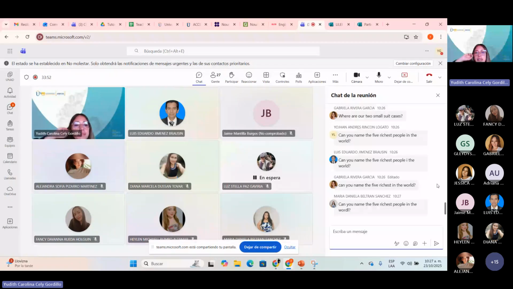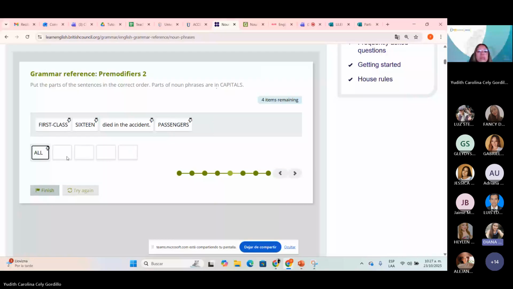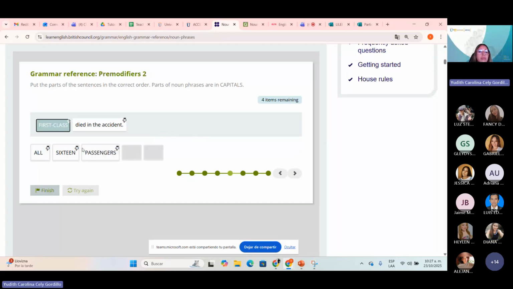What do you think? What is the order in those different words? First class, 16, died in the accident, all passengers. What about the order in this? All passengers, all 16 passengers, first class died in the accident.